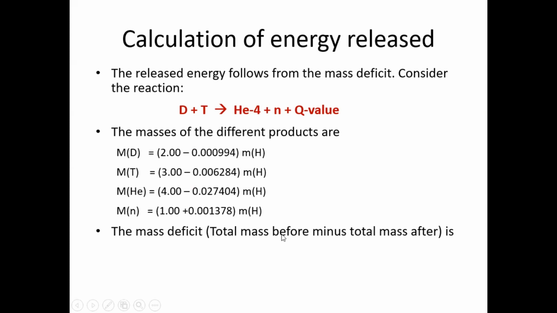So the total mass deficit is the mass before the reaction minus the mass after the reaction. It is equal to 0.0187 times the mass of hydrogen, and the mass of hydrogen is 1.67 times 10 to the power minus 27 kg.